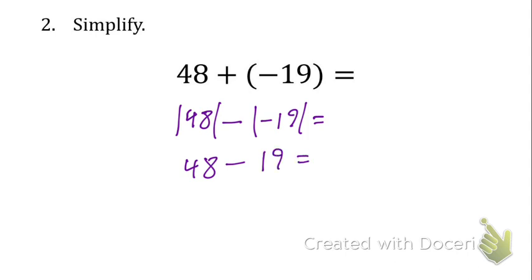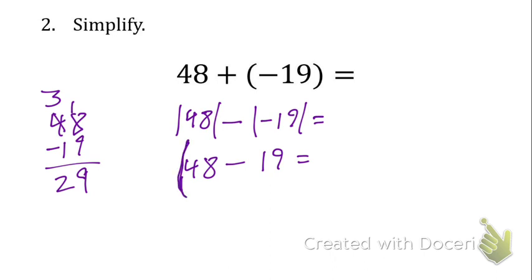And then we go off to the side if you need to subtract those two. So we're going to have to borrow. 18 minus 9 is 9. 3 minus 1 is 2. And the original number was positive. So this one's got to be positive 29.